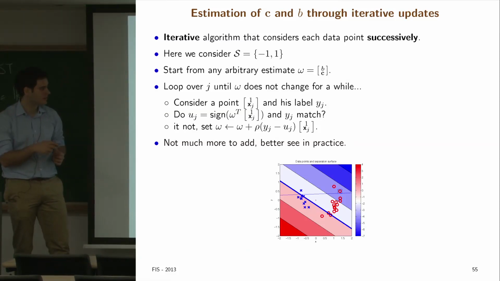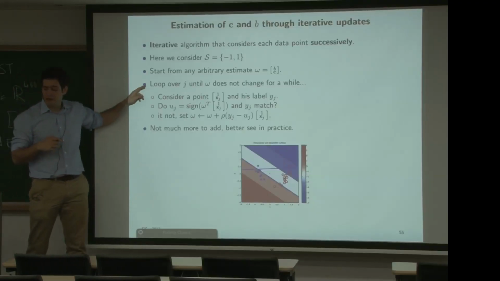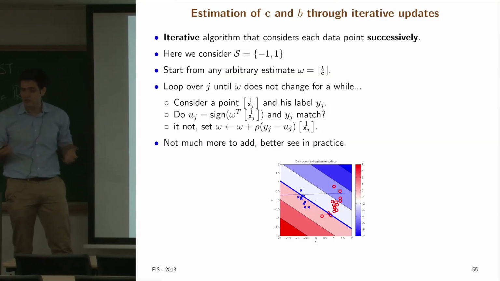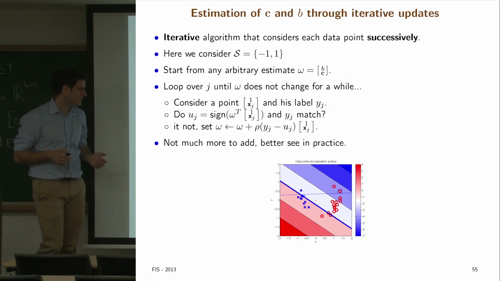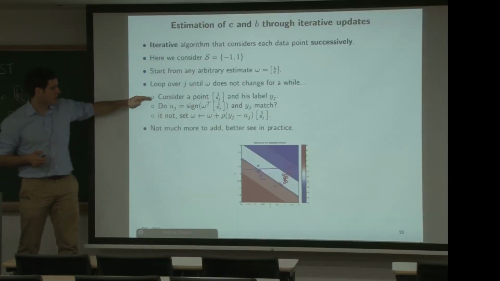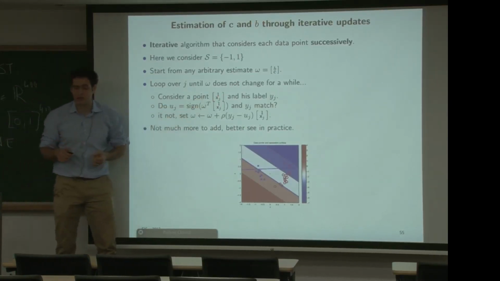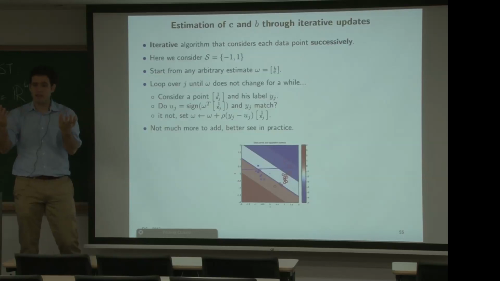We start with a guess, and then we try to make it better. By making it better, we loop over the size of the data set until our estimate of the direction, the normal vector C, and the constant B do not change anymore. So it's really a heuristic. And so what we do is the following. We consider a new point in the data set, xj. We add 1, which is the constant, and we consider its label.